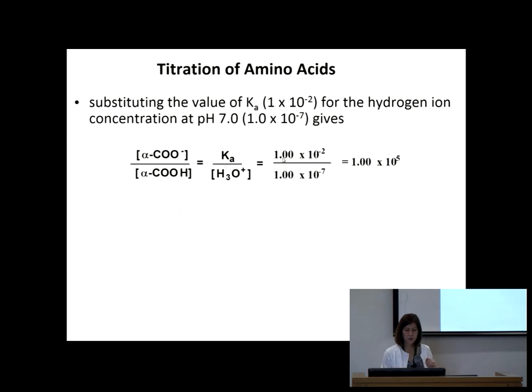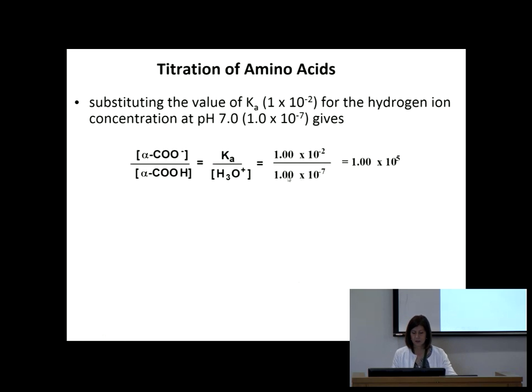And so here, we're going to give it a number. What is the ratio? So a pKa of 2 gives a Ka of 1 times 10 to the minus 2. Remember how to do that? Going from a pKa to a Ka, you take 10 to the negative pKa, and that gives you the Ka. Just like pH and hydronium ion concentration, it's the same thing.